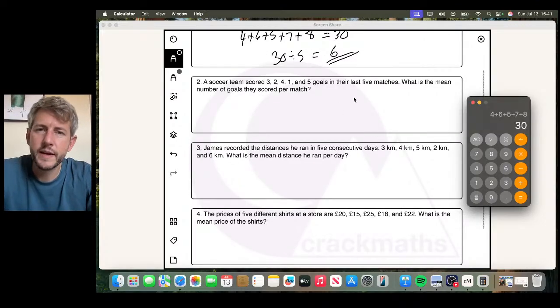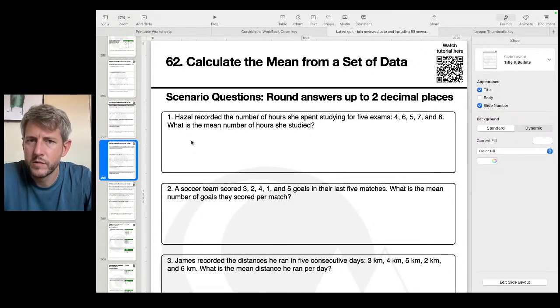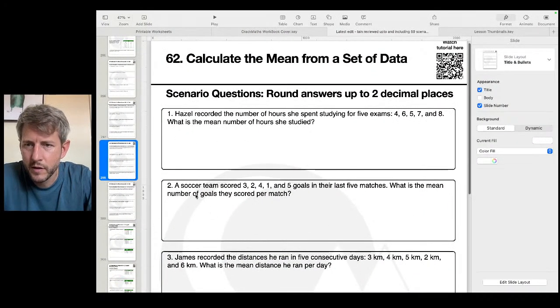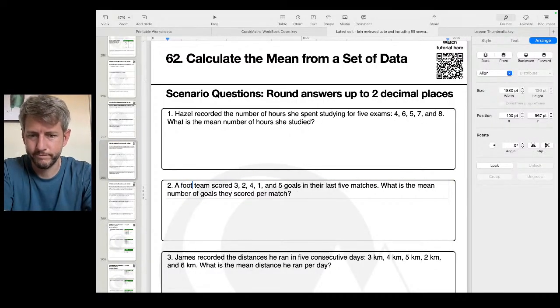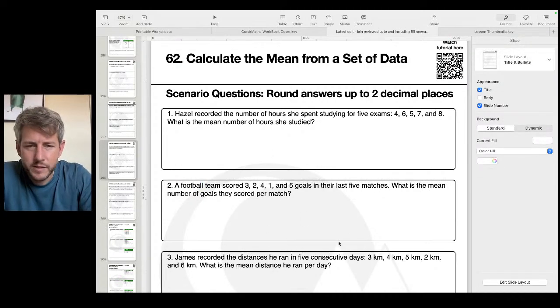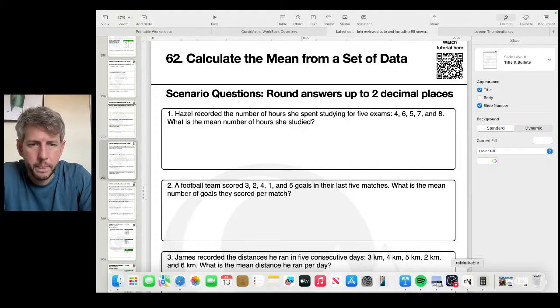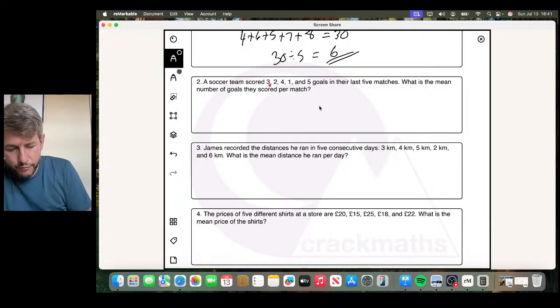Okay, a soccer team. We've changed that, and let's change this to a football team. A football team scored 2, 3, 4, 1 and 5 goals in the last 5 matches.